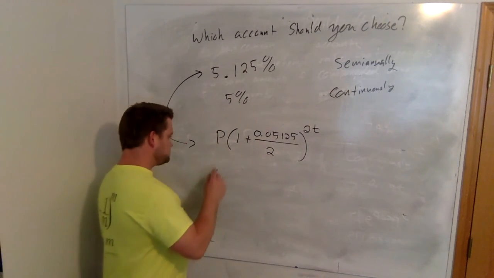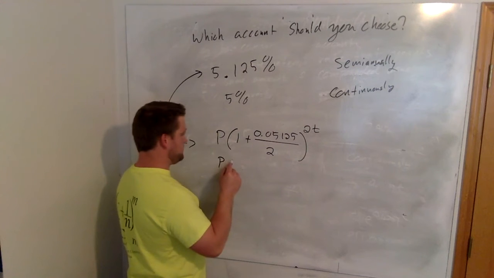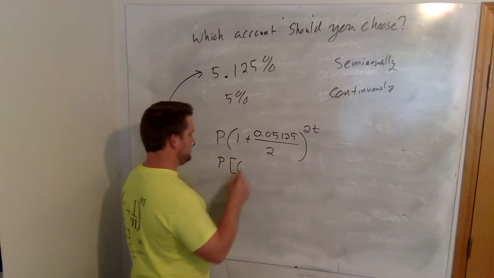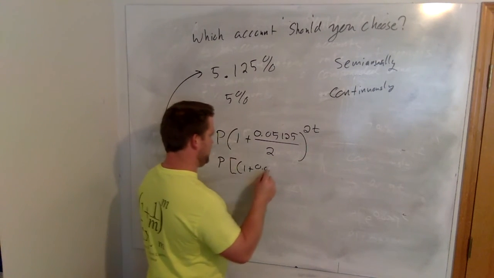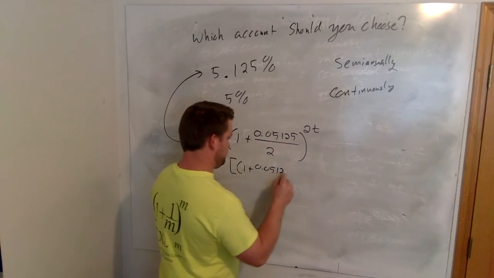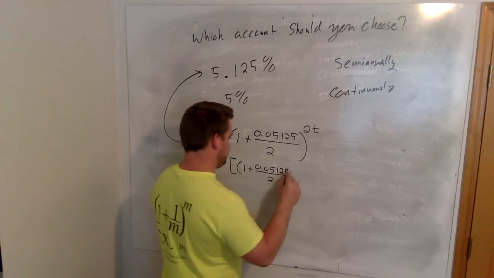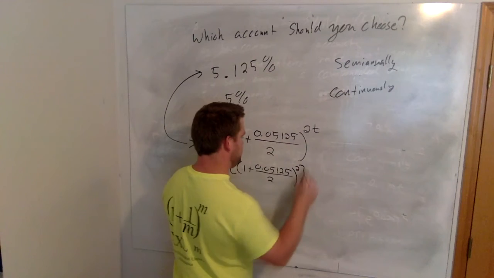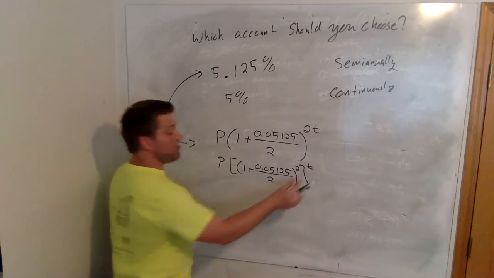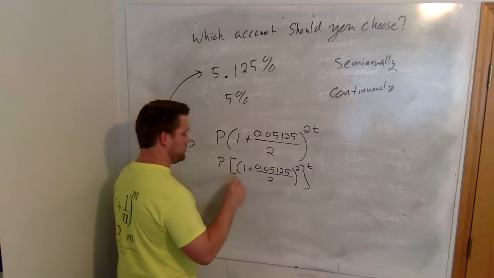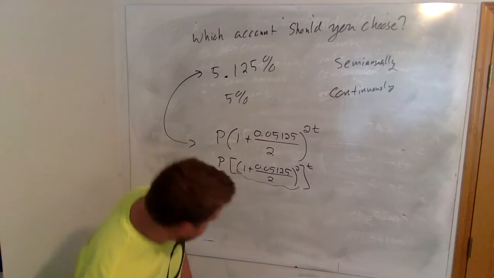So this is the same thing as 1 plus 0.05125 cut in half, raised to the power of 2. Now this will look like we're just compounding once per year. So let's figure out what this number is.